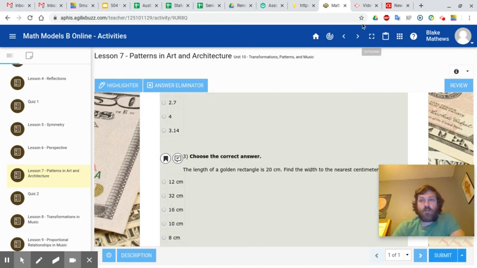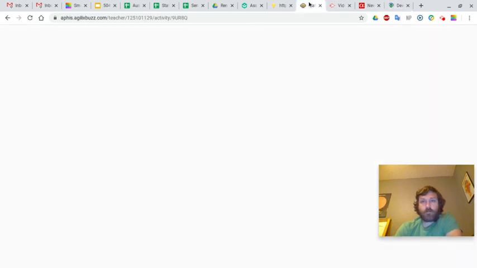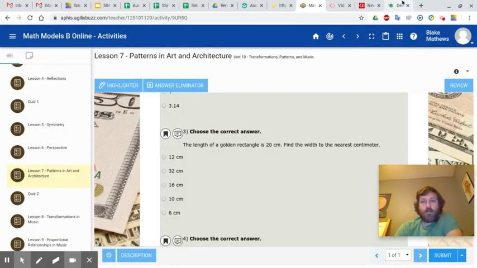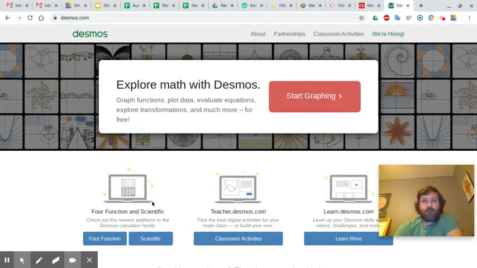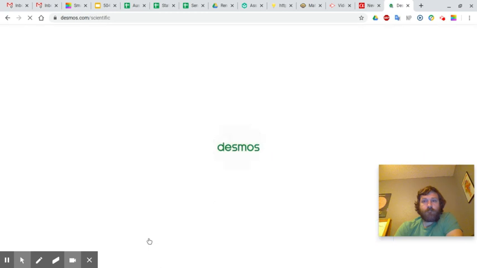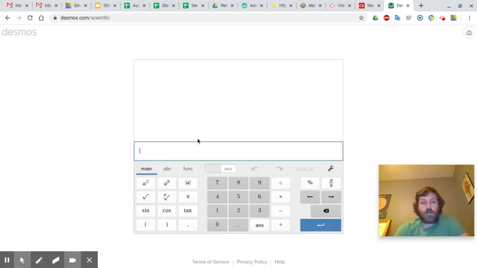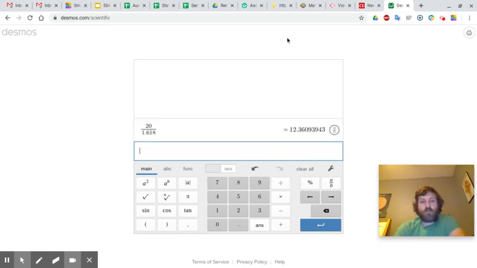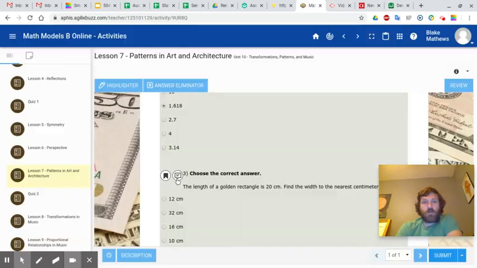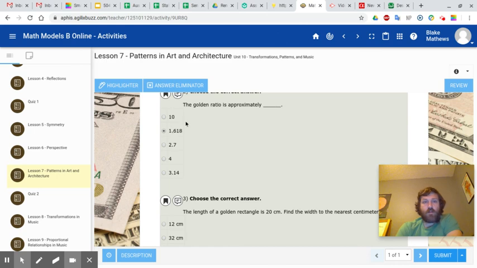So you're going to be doing 20 divided by 1.618, which is the ratio that we call the golden ratio.